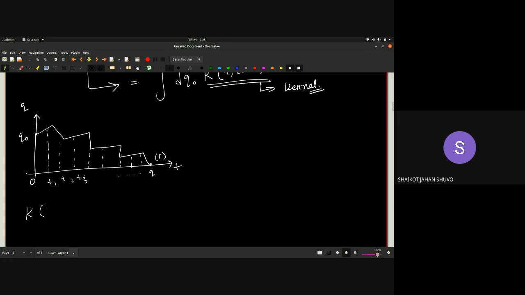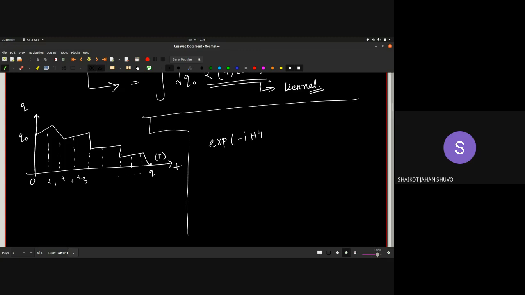Take your kernel q, q0, t. No, let me just show it in an easier manner so that you can understand. First, take this exponential I h t, and note that these are not the same thing.